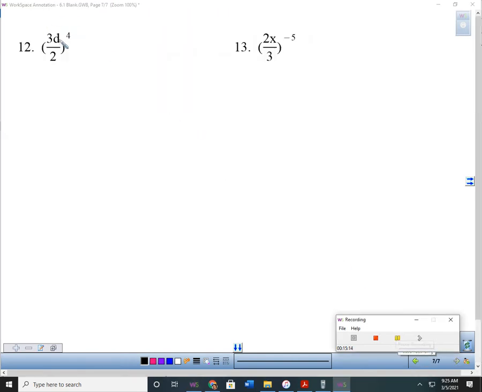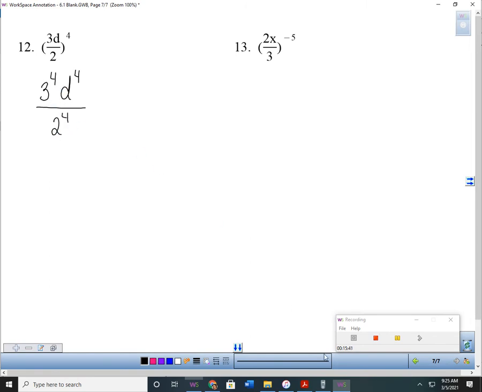All right, now, if you notice on top here, do you see I have two things in the top and one thing in the bottom? So I have three things total to raise to the fourth power. I have 3 to the fourth. I have to take the d and raise that to the fourth. And then on the bottom, I have to take the 2 and raise that to the fourth.